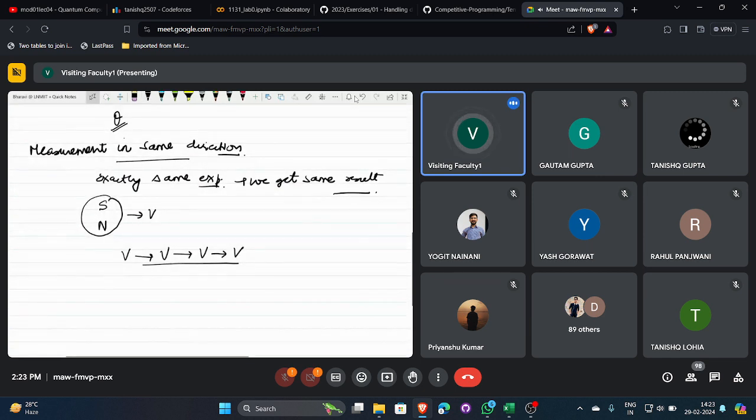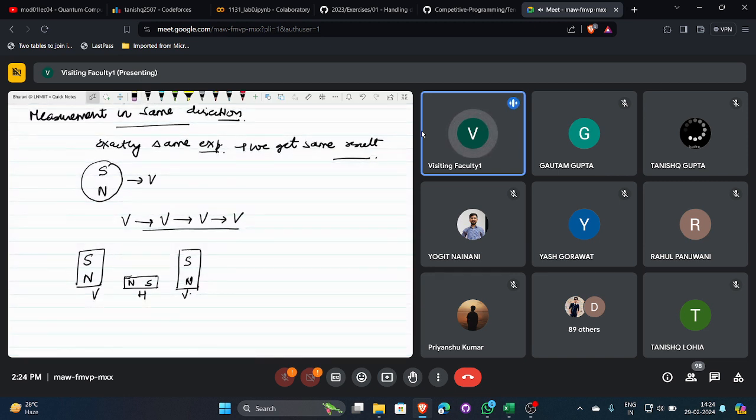But now understand. I first place the magnets like this. Then I place them in vertical and then I place them in the horizontal direction. That means I place like this. I rotated with an angle of 90 degrees. And then again in a vertical direction.